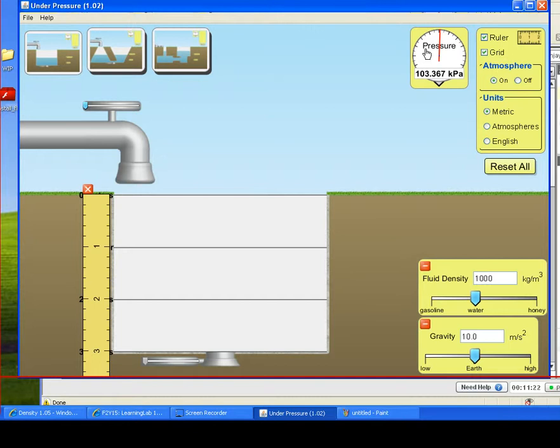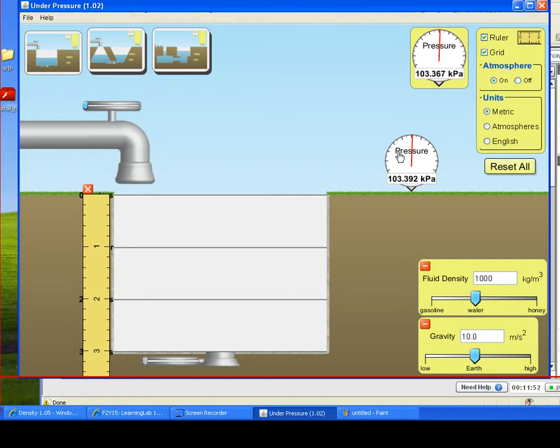Now, if you remember, in class we had studied that 1 atmosphere is actually 101.325 kilopascals. So why this difference? Real atmospheric pressure is 101.325 kilopascals. But from this pressure gauge, and let me bring it down to 0 level, so that makes it sea level, we can see that the pressure is about 103.392.